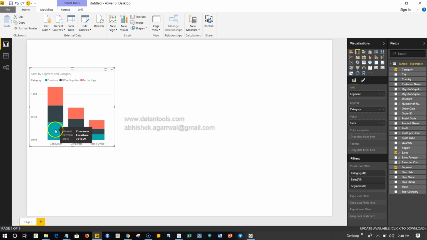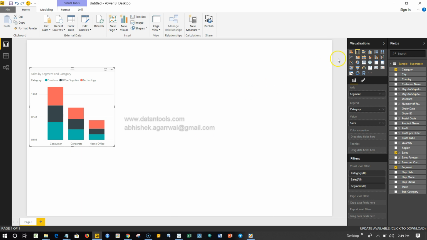And I want that for each of my customer category I need a separate bar itself, so that I can make comparison pretty easy. I don't have to do a lot of exercise by my eyes to see, okay, this is 391k and then this is 406k, but by just looking at the chart itself I should be able to understand which one is higher and which one is lower based on the different product categories.